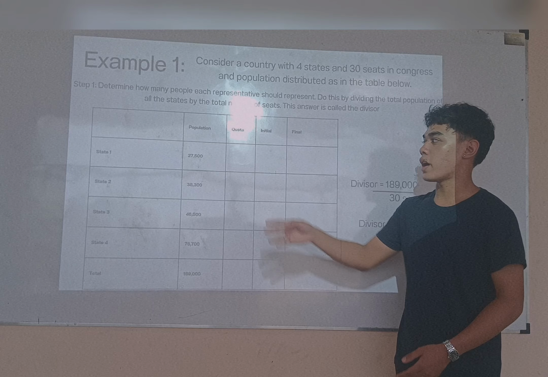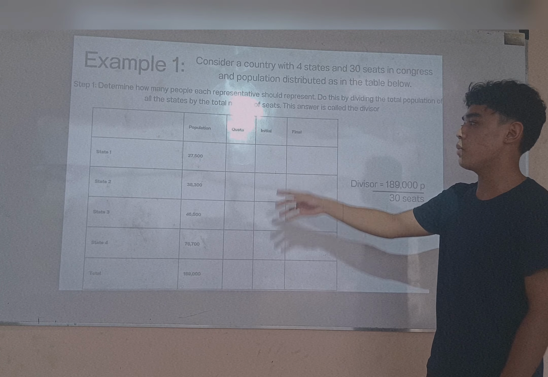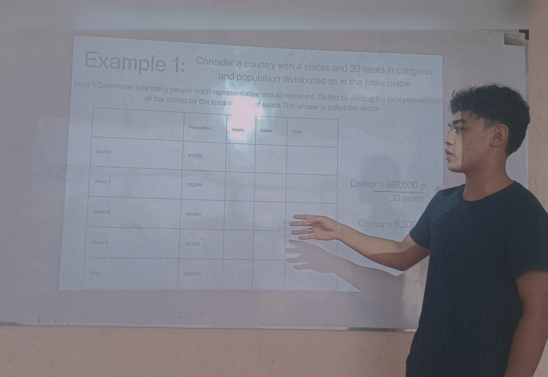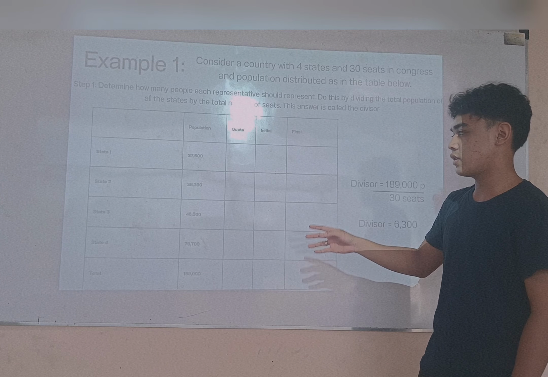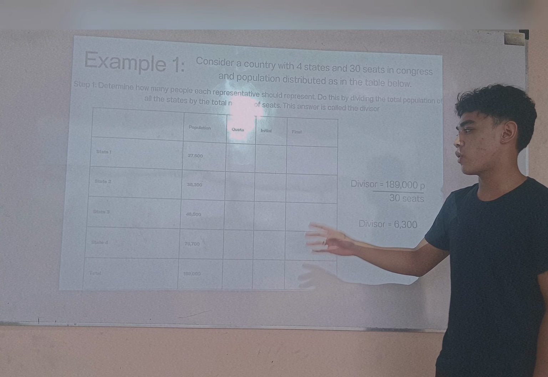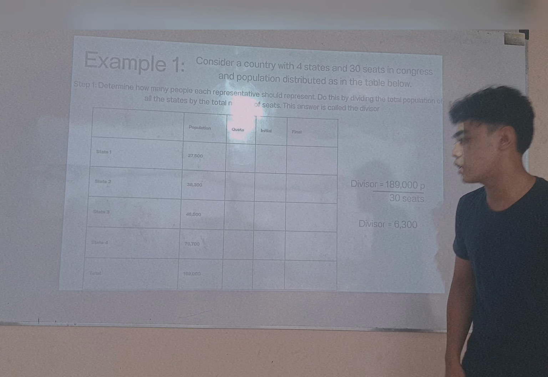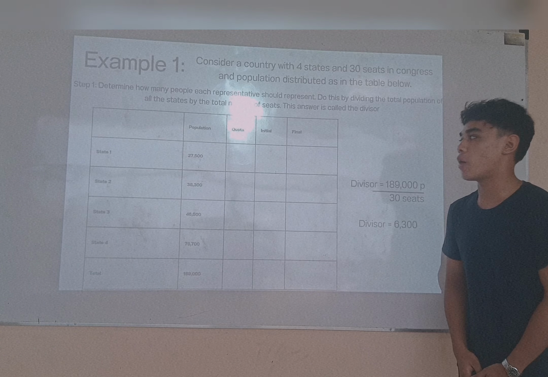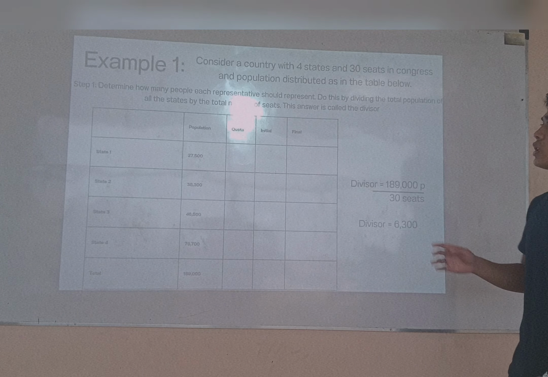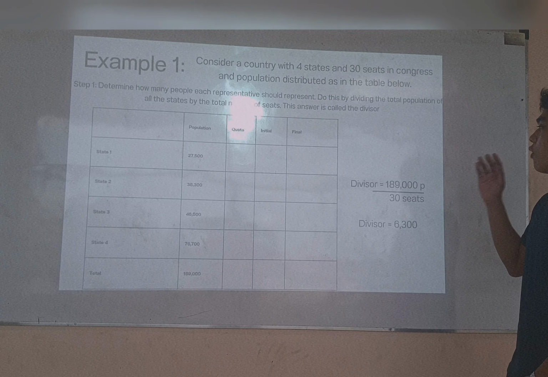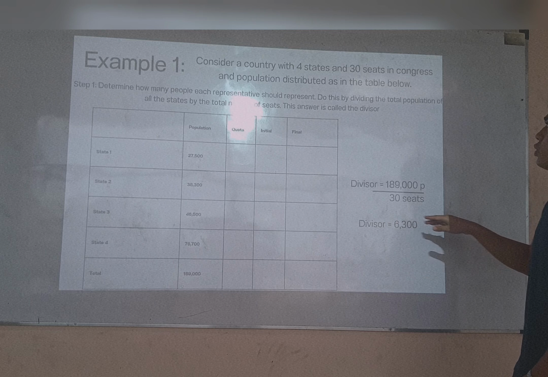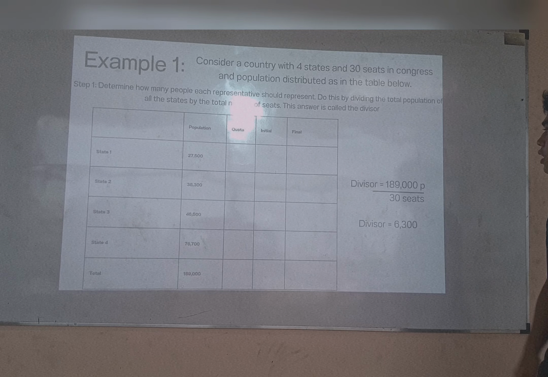So in state 1, we have 27,500 population, state 2, 38,300, state 3, 46,500, state 4, 76,700, in total 189,000 population. So in step 1, we need to divide the overall population by the total seats in Congress.